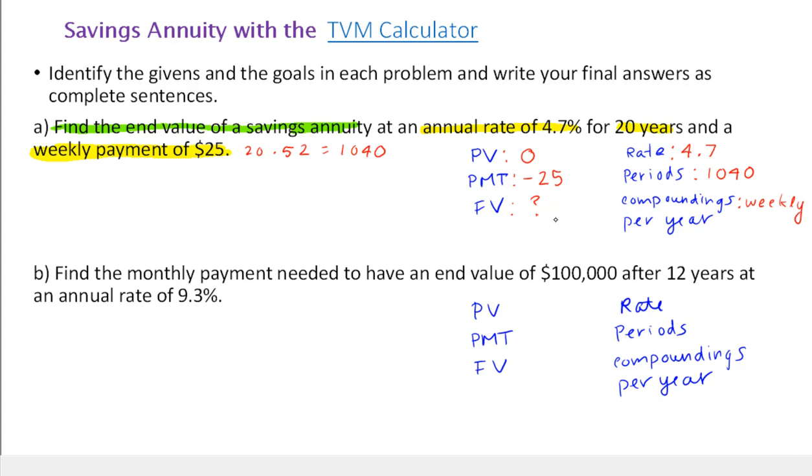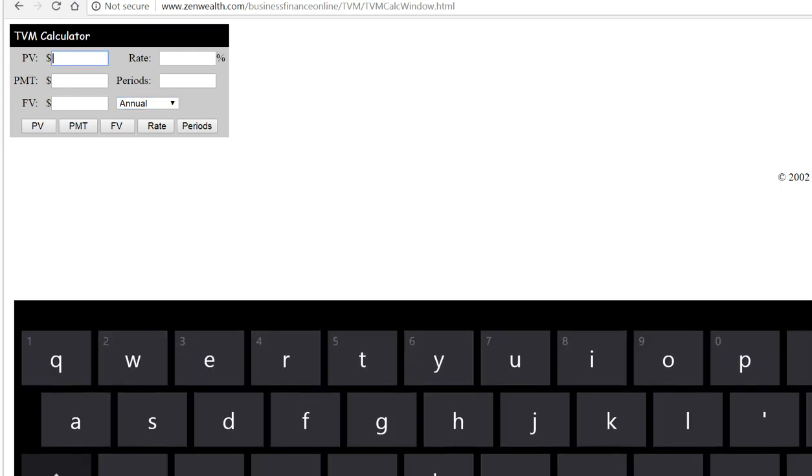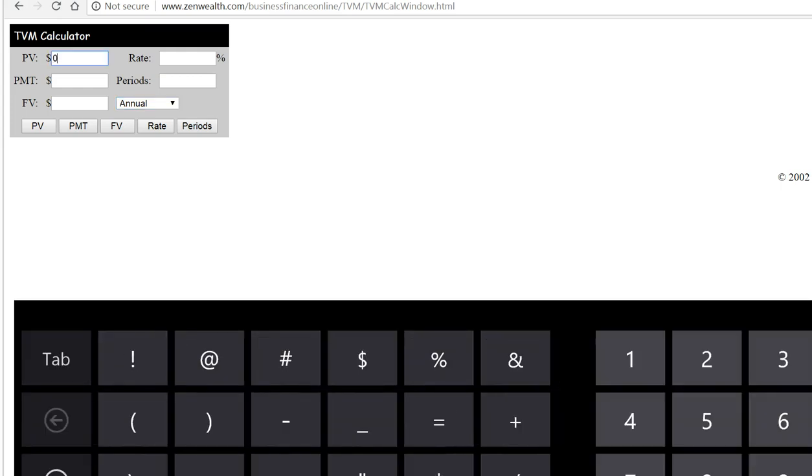So let's take a look at this. Here are the boxes we need to fill in. First, the present value we said was 0, because we're starting with $0. The payment we're going to enter as negative 25, because when we pay out money, we think of it as negative. The future value is what we're looking for, so we're going to leave this blank.